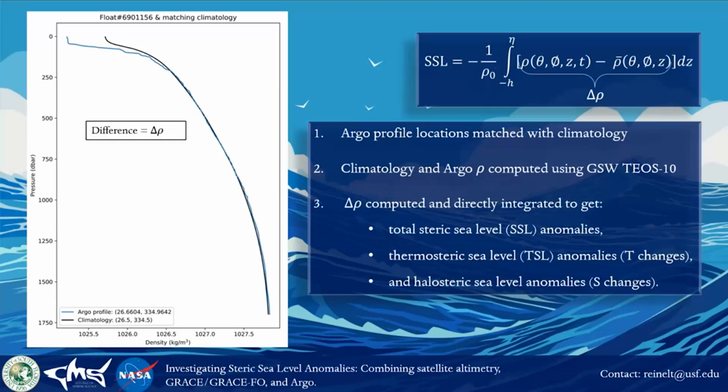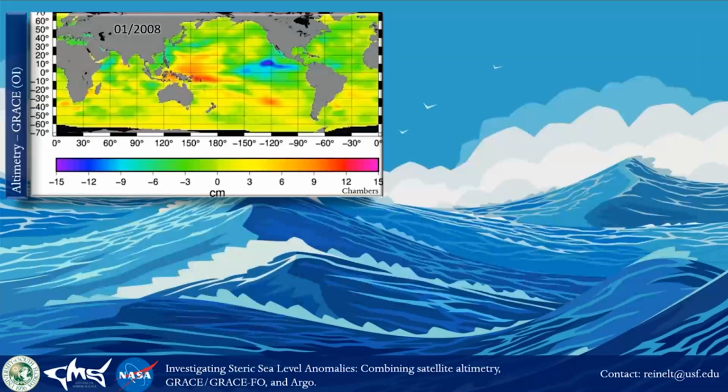And what we do next is take the difference between the two and vertically integrate to get total steric sea level anomalies, thermosteric sea level anomalies, which are due to temperature changes, and halosteric sea level anomalies, which are due to salinity changes.